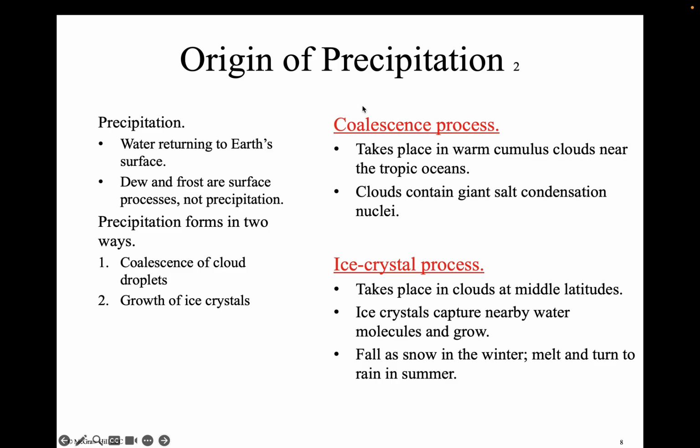Here is when the water forms those large droplets that coalesce together and eventually they fall. Or here when the water reaches a very high altitude to a point where it freezes and then it falls back. Okay, it is as simple as that.